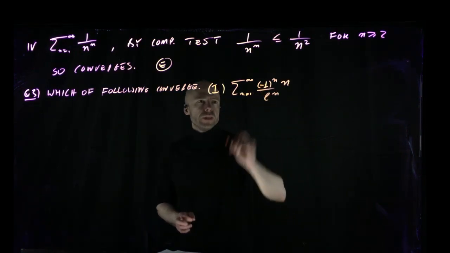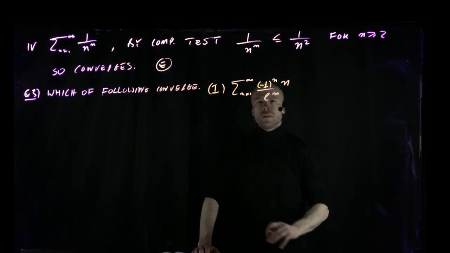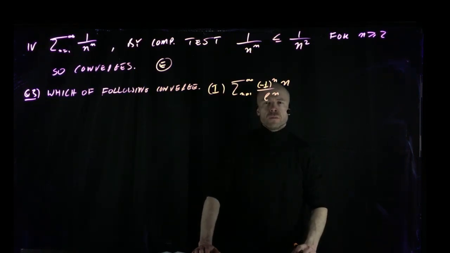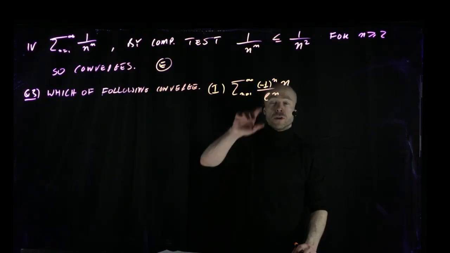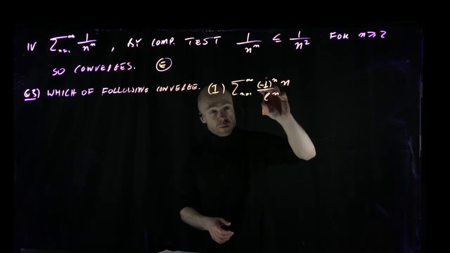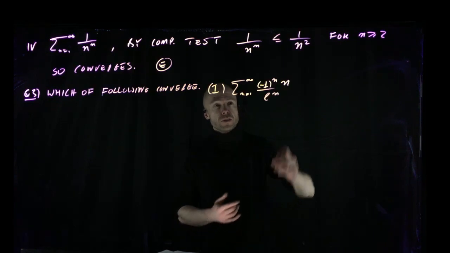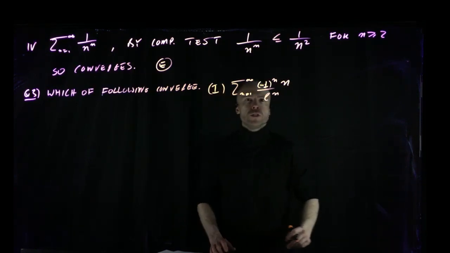So let's think about whether or not this converges. What do we notice right away? Firstly, it's an alternating series. It probably converges just by the alternating series test, because the guy on the bottom, e to the n, is increasing a lot faster than n is increasing, so the ratio of n over e to the n should be decreasing.